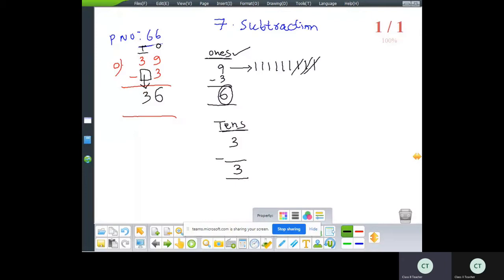Next question. Question 3. Subtract the numbers given.